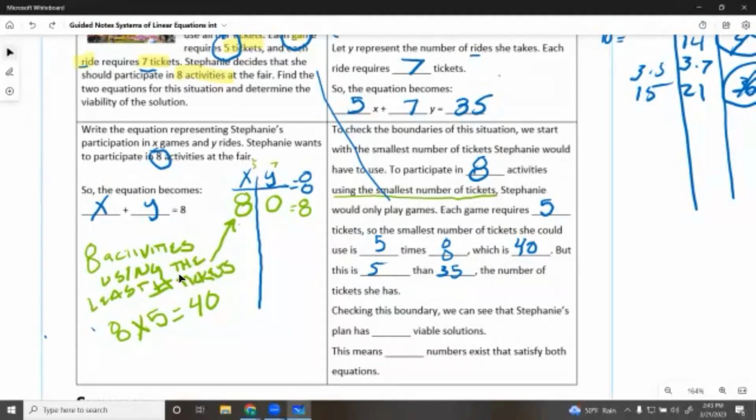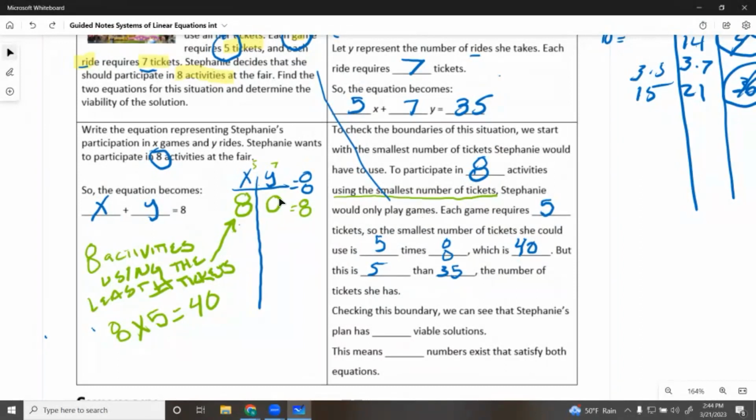Okay. This isn't necessary to follow these steps, but for this last part, checking this boundary, we can see that Stephanie's plan has blank viable solution. This means blank numbers exist that satisfy both equations.